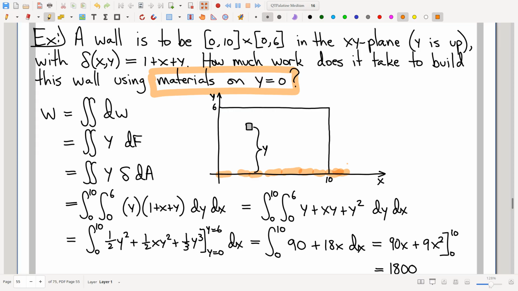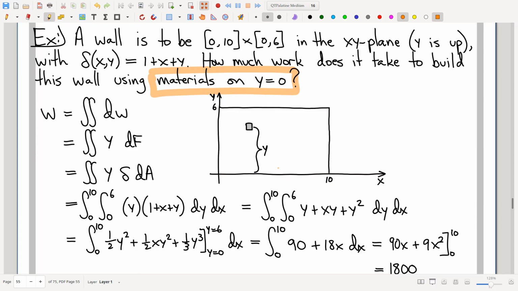Among other things, all the bricks that will eventually make up your wall are on the ground, and somebody's got to bend over and pick them up and lift them up to whatever height where they go in the wall. And that adds up to a lot of work. Bricks are heavy, right? There's a lot of them, and some of them you're picking up as high as 6 feet. That's non-trivial. That's a lot of work. Literally, in a physics sense, work. So, how much work is it?